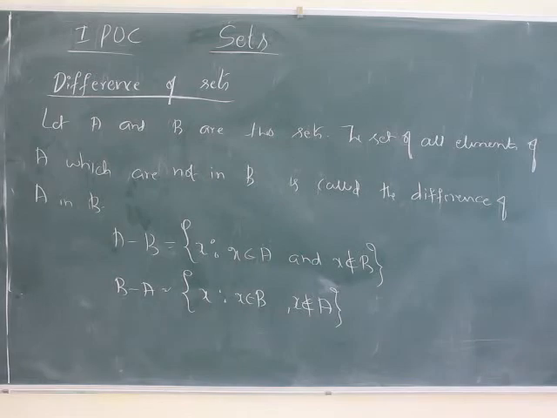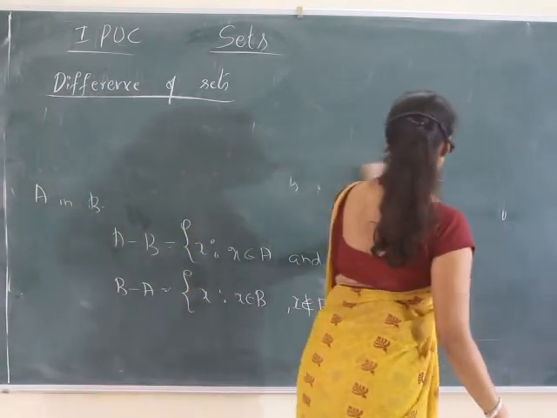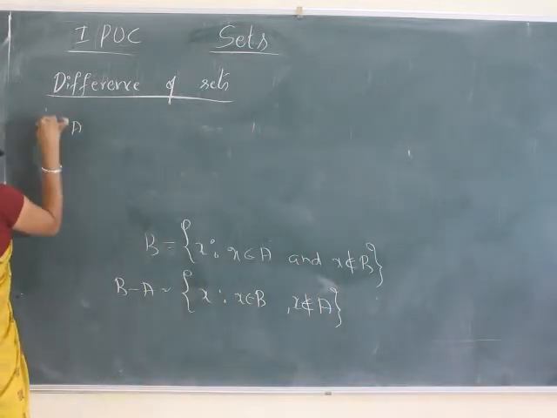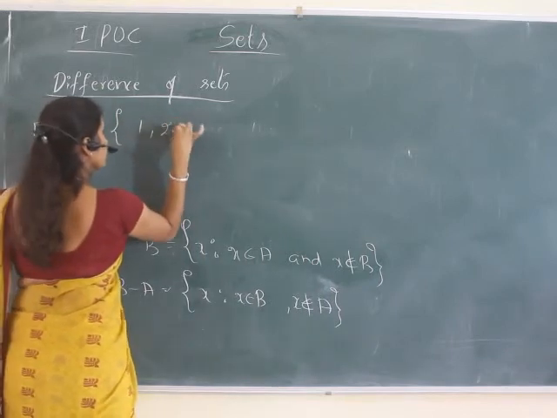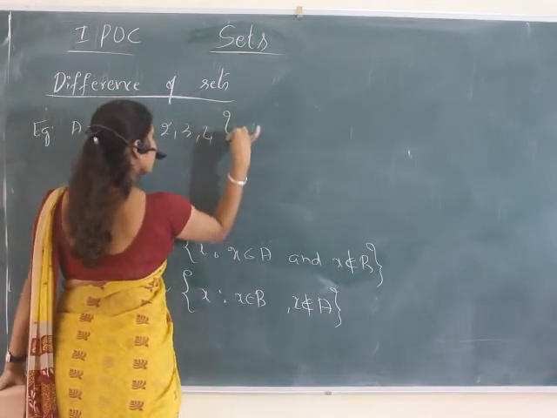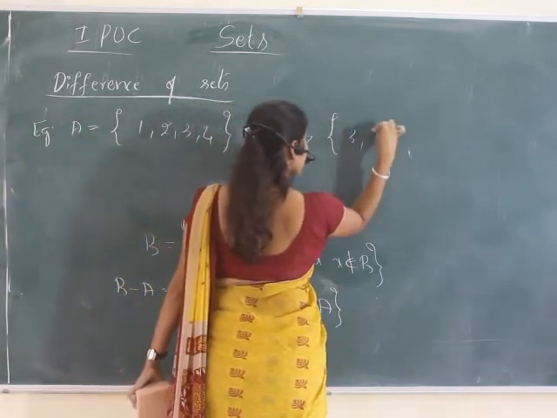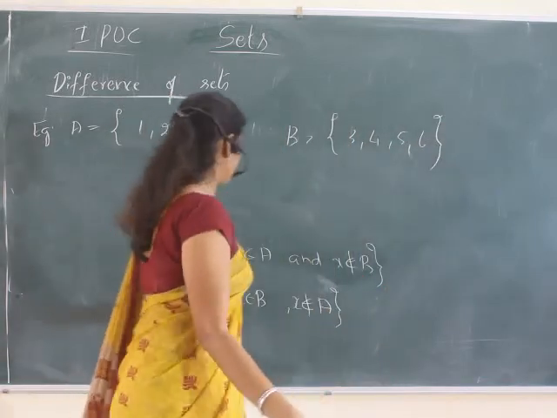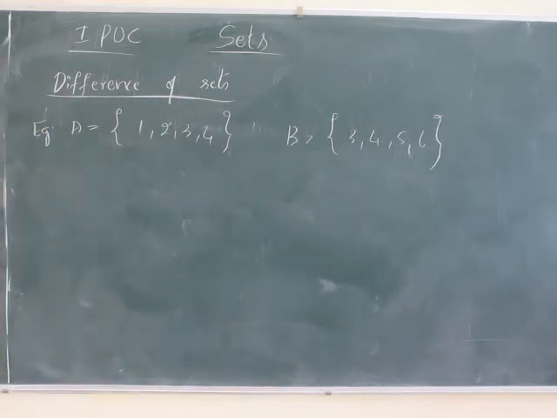So I'll give an example for this difference of sets. If I take A is equal to 1, 2, 3, 4 and B is equal to 3, 4, 5, 6, we have to calculate A minus B and B minus A. So what is A minus B?